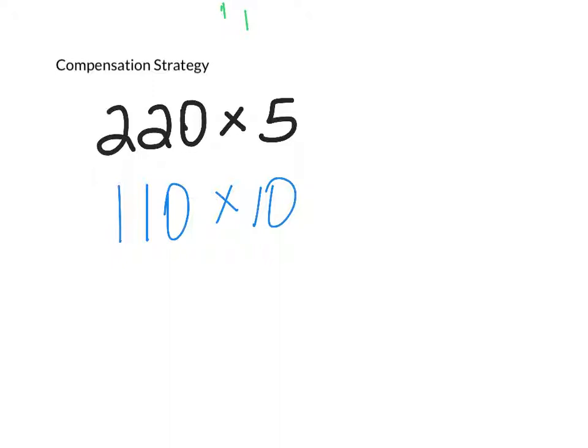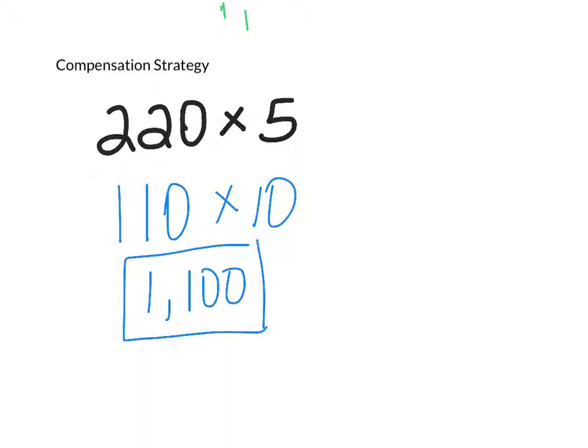Because we can half the 220 and double the 5, and we're still going to get the same answer. So 110 times 10 is 1,100.